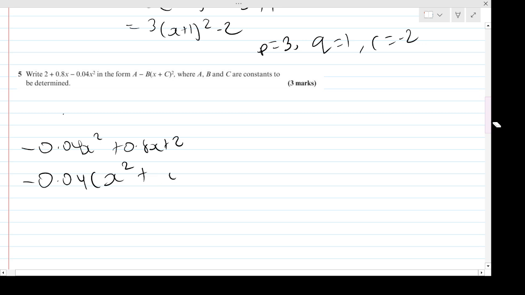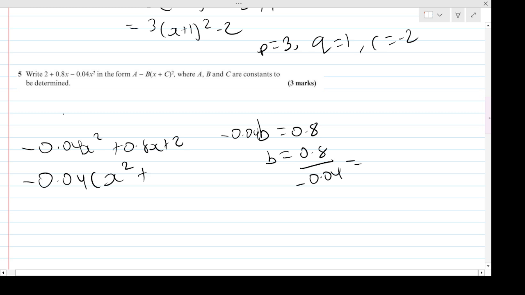Okay, so to work that out without having to struggle too much, I can just say, well, this number b times 0.04, which is 0.04b, would be equal to 0.8. Therefore, the number we need to put in the bracket would be 0.8 divided by minus 0.04.